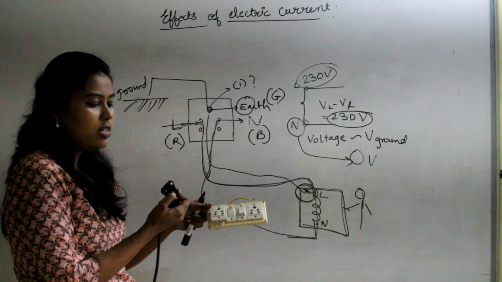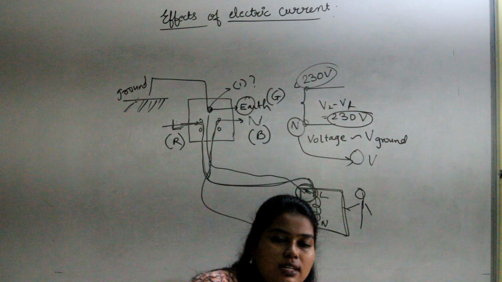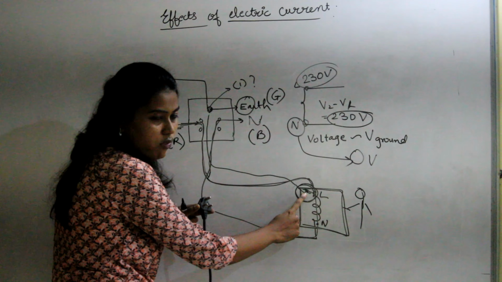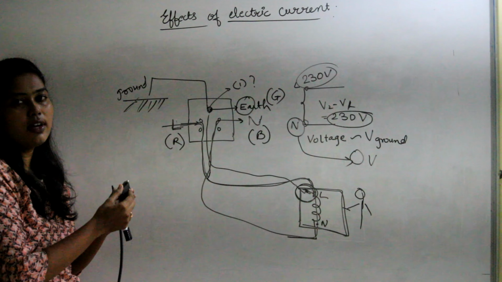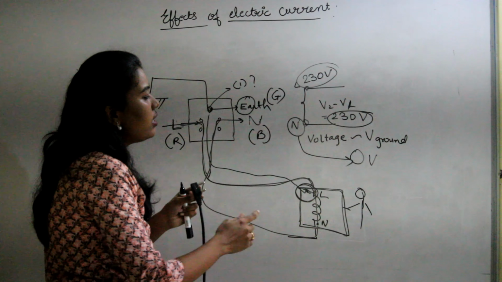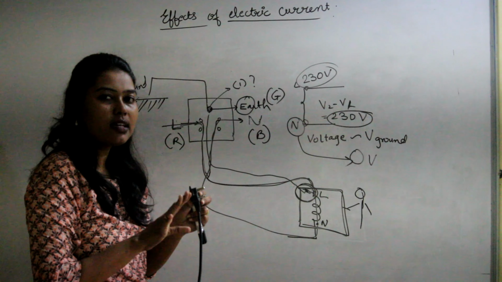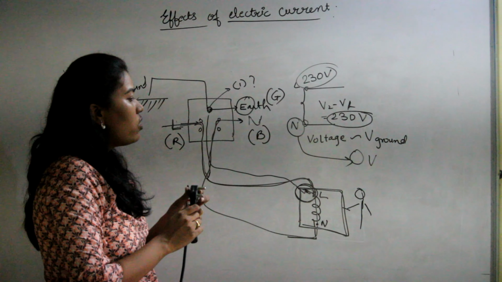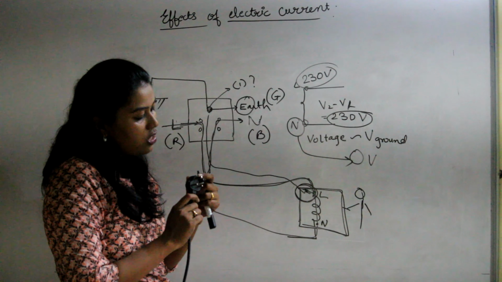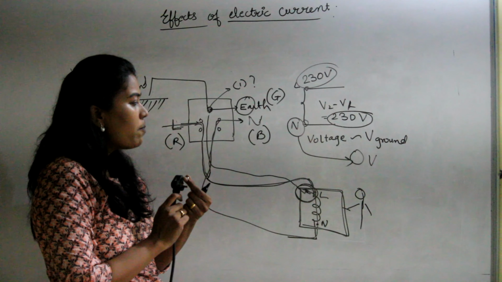So what will happen due to this? As this pin is inserted first, it will ensure that first the equipment is grounded, and then the live and the neutral wires are connected to the equipment. So first it will ensure that the human is in a safe condition. In order to ensure the safety of the human, the length of this pin is greater.